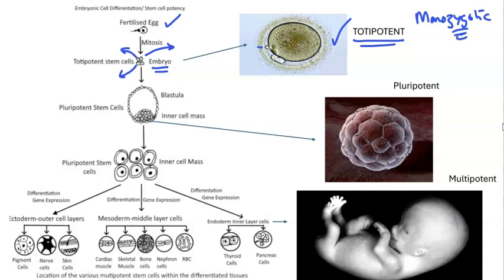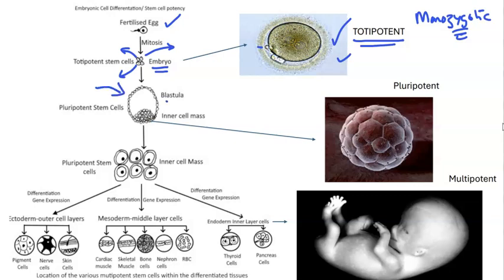The ball of cells is actually split apart and each part differentiates fully to form individuals.